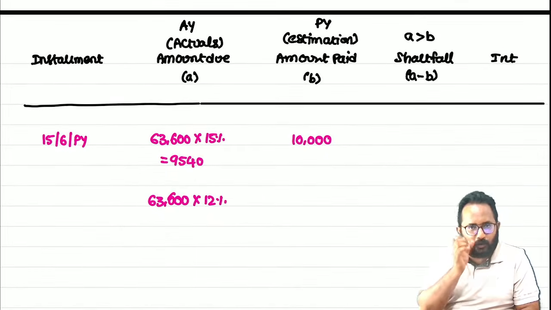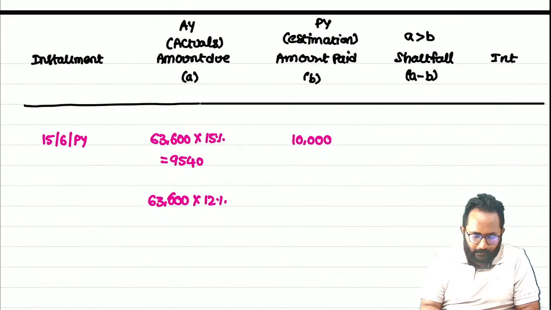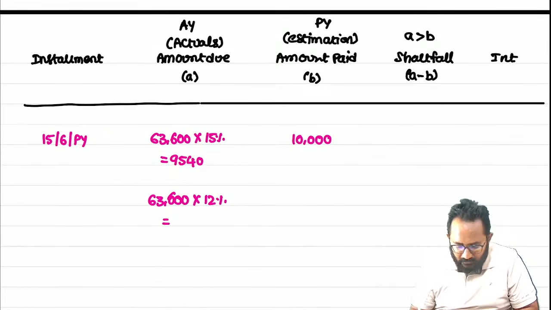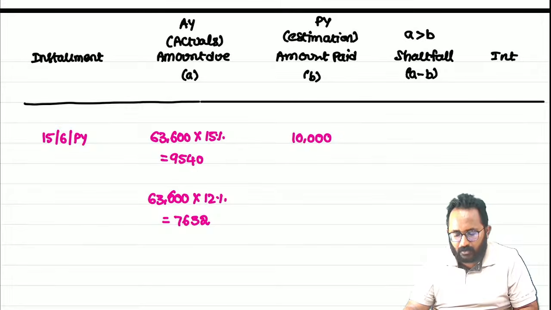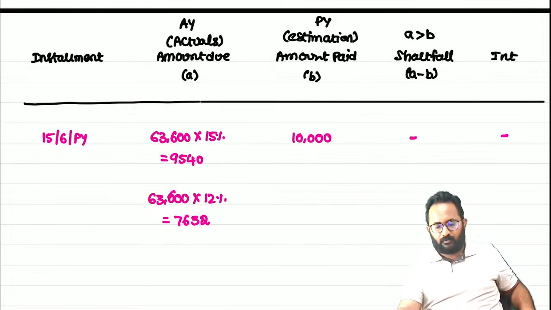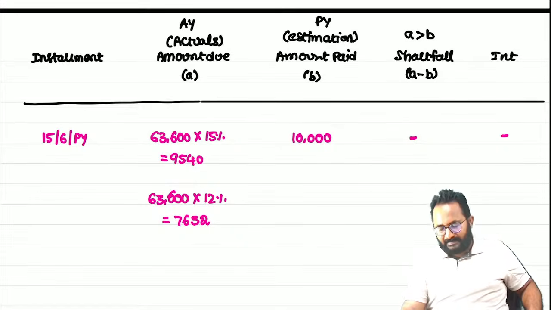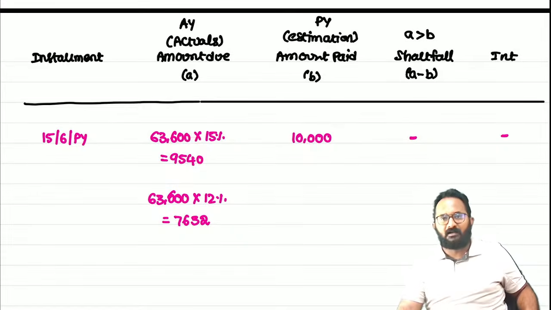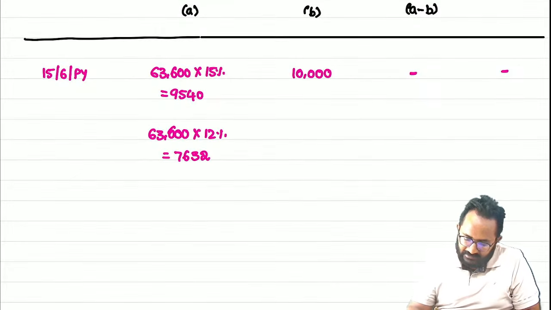We know more amount is paid, but please compute 63,600 into 12%. 7,632. Now is shortfall there or not? Not there. Interest also no need to compute. They are expecting this, but we paid 10,000.